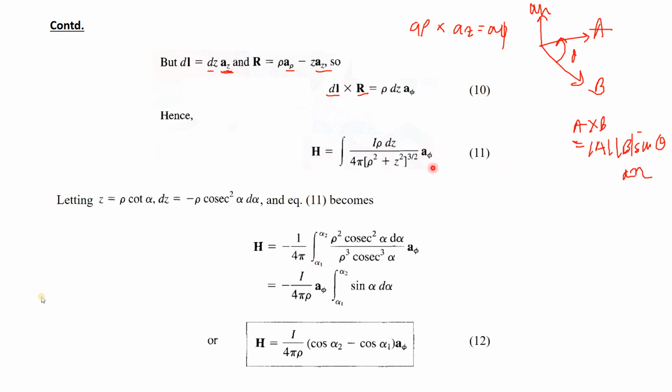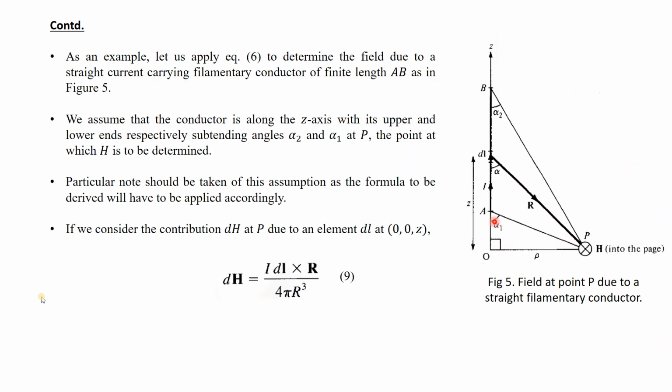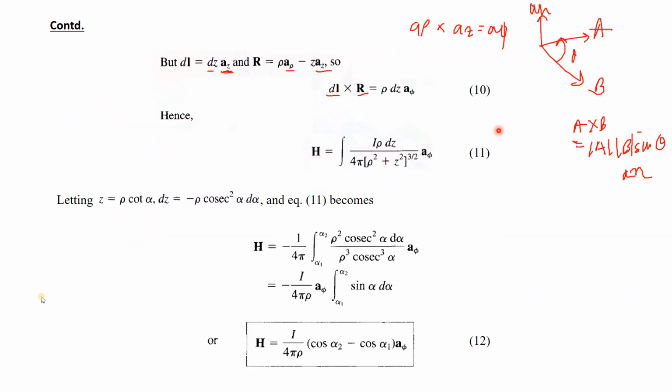The unit vector here is with respect to the phi axis, so we will take the integration in the phi plane, that is from alpha 1 to alpha 2. We will take this unit vector and this integration.